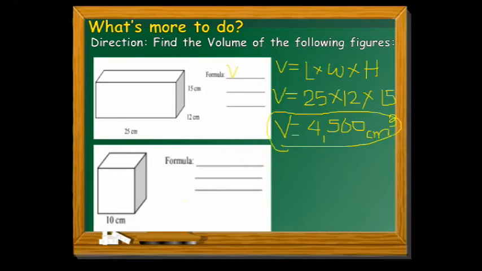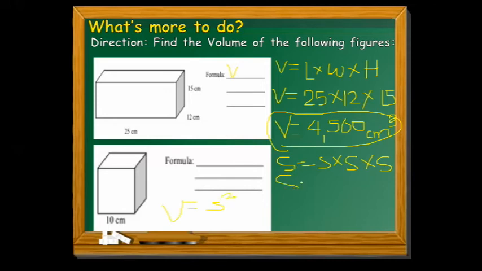Very easy. Then this one, we have the cube. Since it has only one number, the formula for the cube is V equals S times S times S, or we can use V equals S cubed. It is the same.